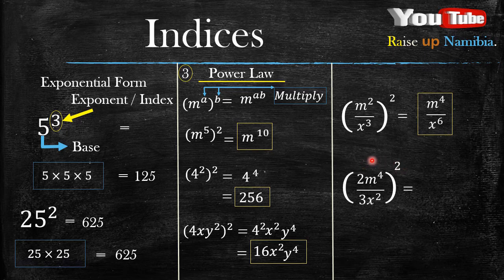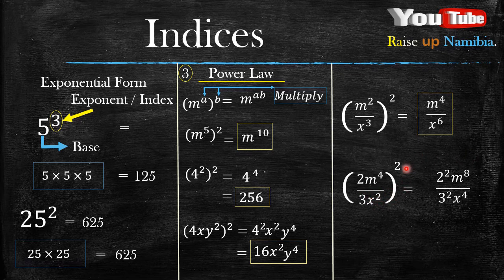So what is 2 times 1? It will still be 2, like 2 raised to the power of 2, because 2 times 1 is 2. Now what is 2 times 4? It's 8, okay?